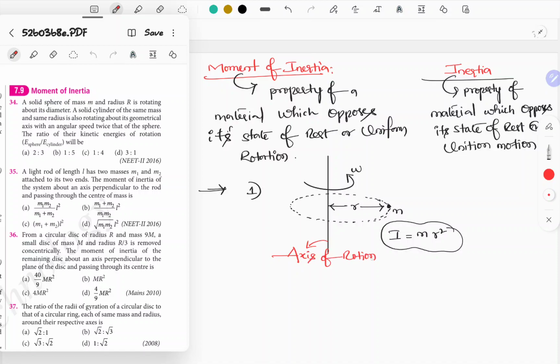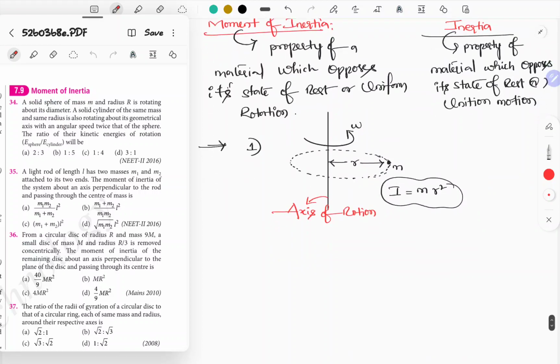Hope you understood this complete line. This line is called the axis of rotation. The moment of inertia formula is m r². This is applicable for a point mass. If any point mass is revolving around an axis at a distance r, and the particle mass is m, the moment of inertia is I = m r², applicable for a point mass.